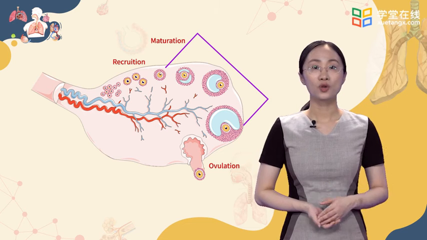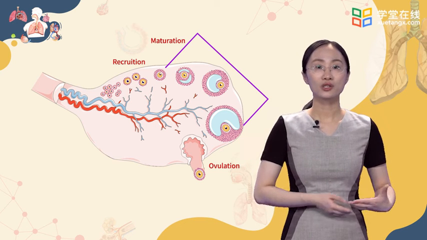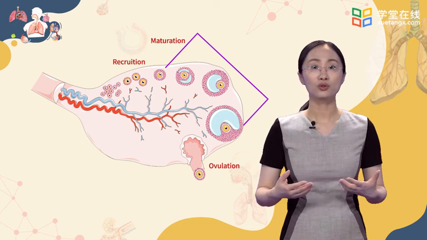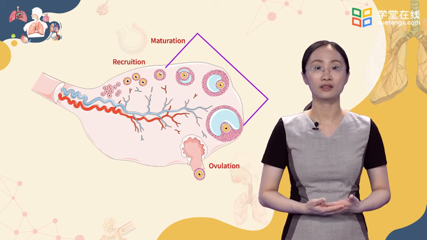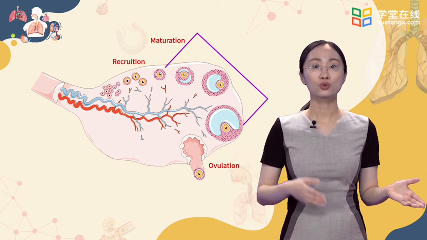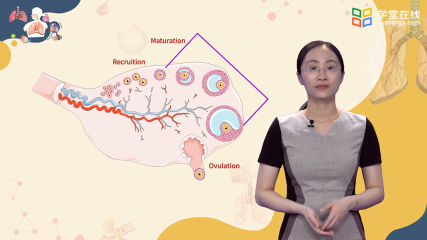Ovulation takes place when the follicle gradually collapses and the oocyte is expelled into the peritoneal cavity. This process ranges from several minutes to more than 1 hour.